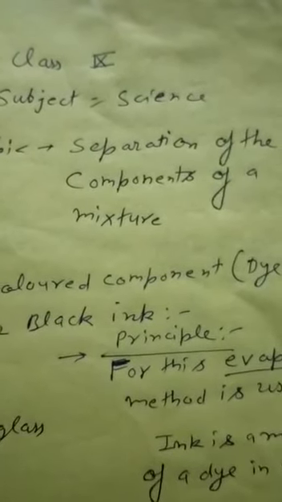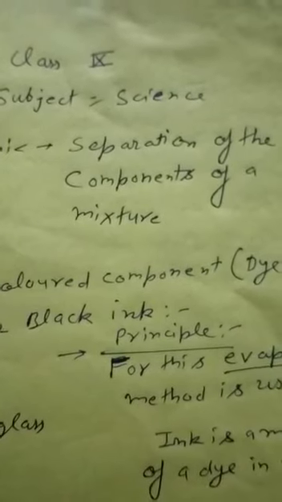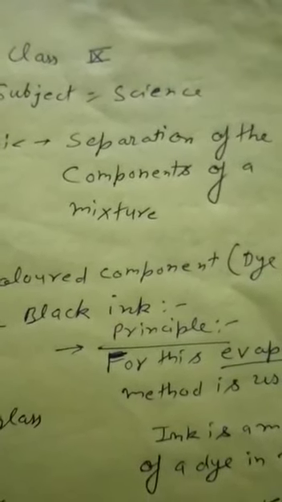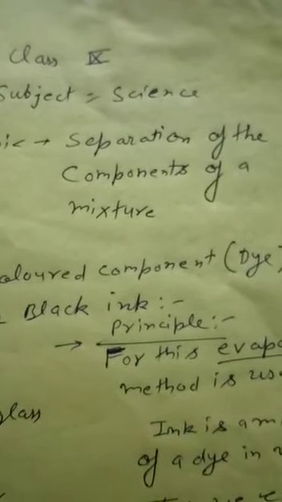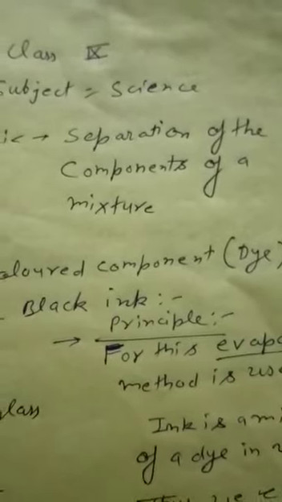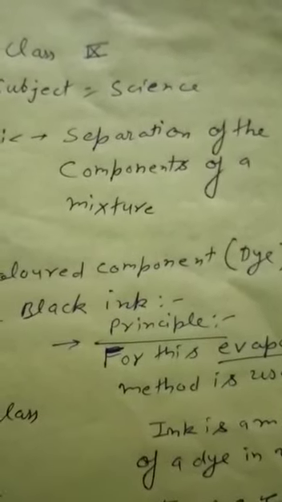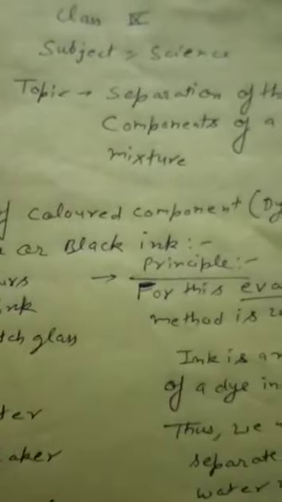They are basically mixtures, and in our daily life we have to use some methods to separate the components of this mixture. A very common example: if we have impure water, we generally use filtration to purify the water. So today we'll discuss some methods.